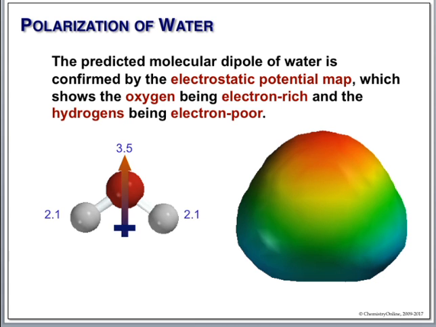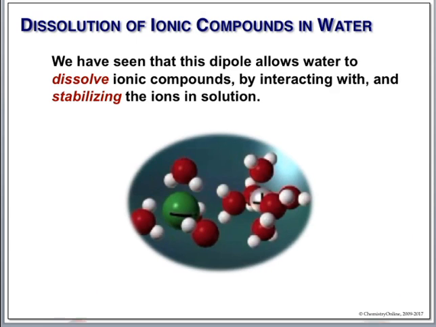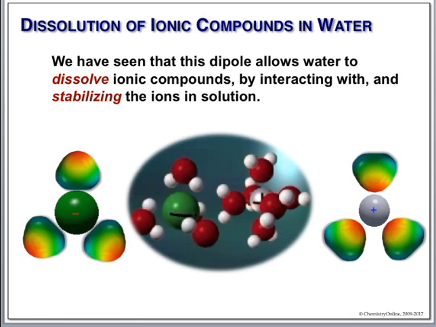Now, last time in Chapter 6, we talked about the reason that water is able to dissolve ionic compounds. Now, this is not trivial. Ionic compounds are held together electrostatically, and they would really like to just sit next to each other, plus and minus. Water has the ability to go in and remove ions from this crystal lattice.